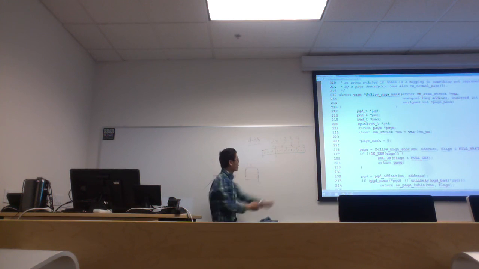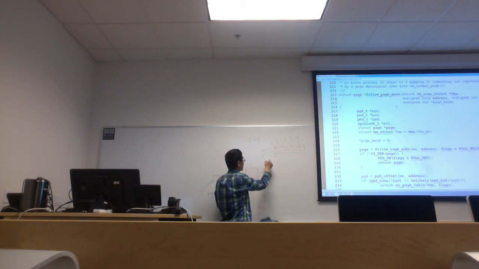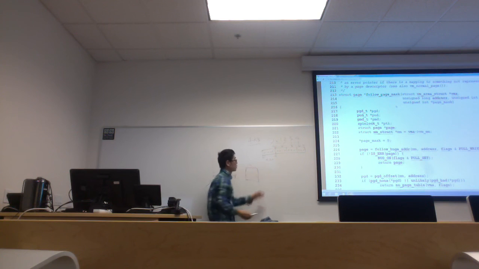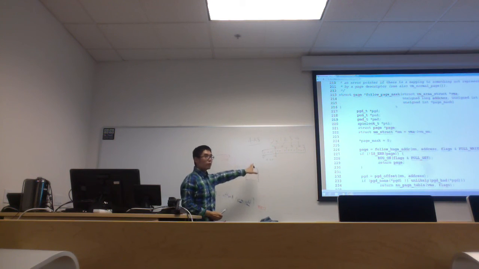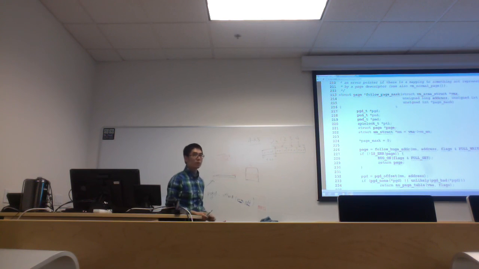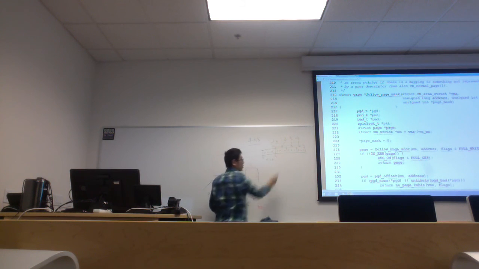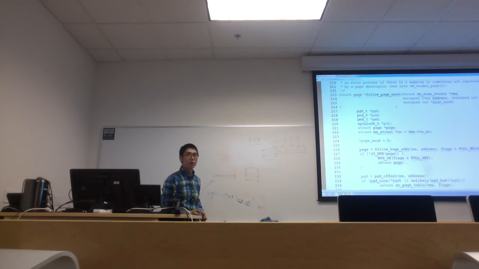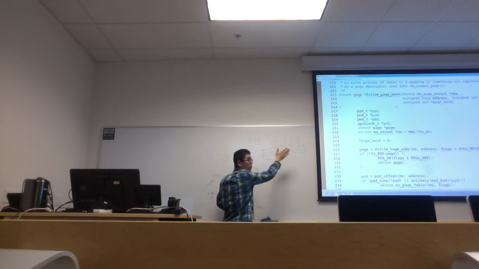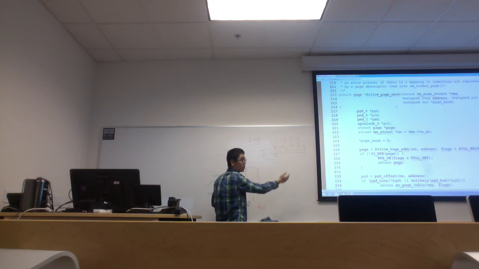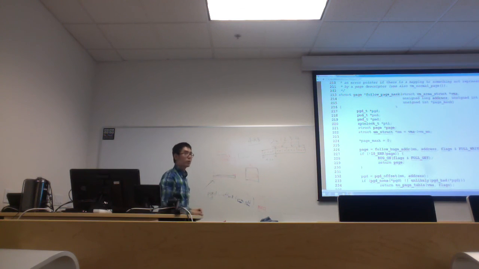Like this, the upper 4 bits are used to denote the virtual page frame number. The lower 12 bits are the offset inside the page. So this is only a 16-bit address. How about 32-bit? This part grows, but this part does not change because we're still using 4 KB page size. Right? So just mask off the lower 12 bits and shift it, you get the virtual page frame number.